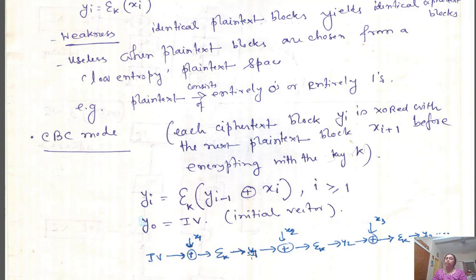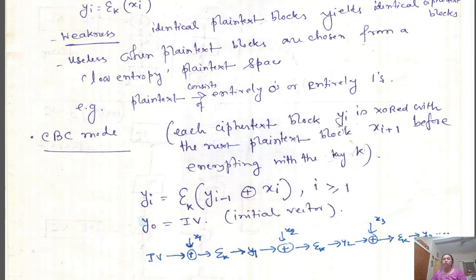You get Y1. Then this Y1 is XORed with the next plain text block, and then passes through the encryption box. This way we generate. So your ciphertext essentially consists of Y1, Y2, Y3 like that.